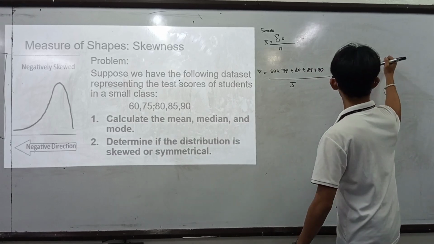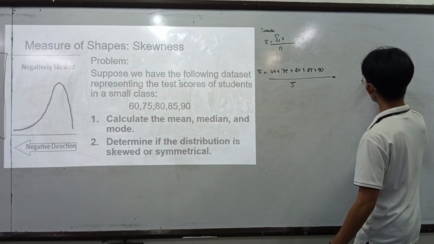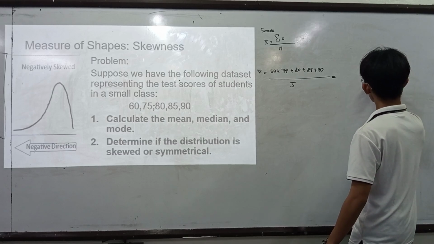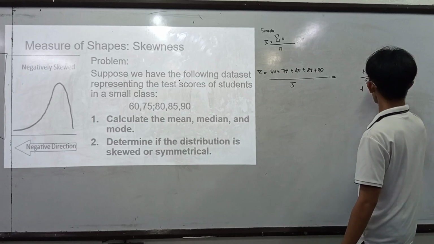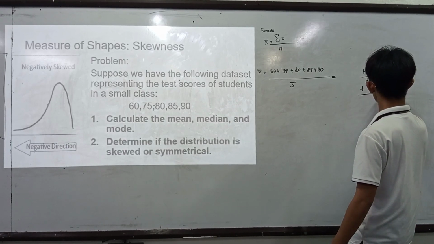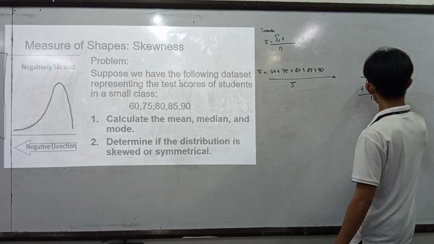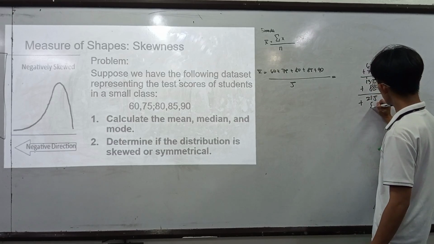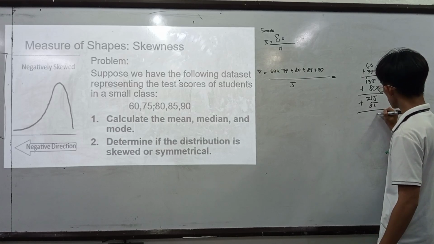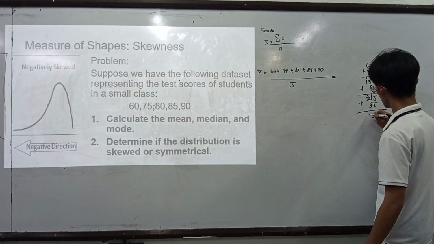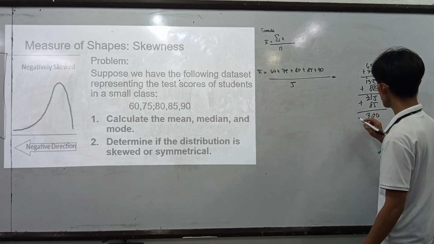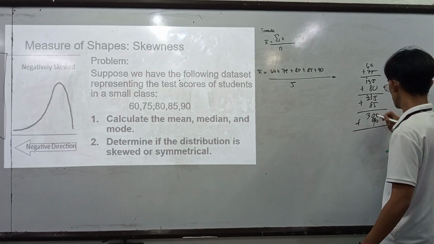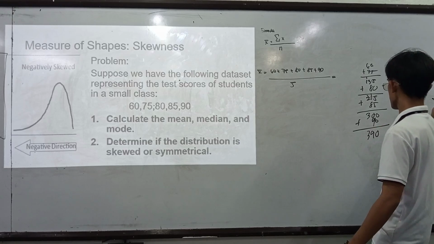That means that 60 added to 75 is 135, plus 80 is 215, and 215 added to 85 will be 300. 300 added to 90 will be 390.